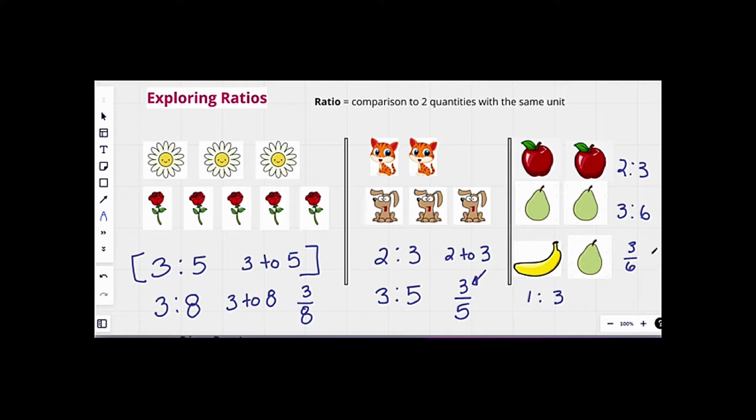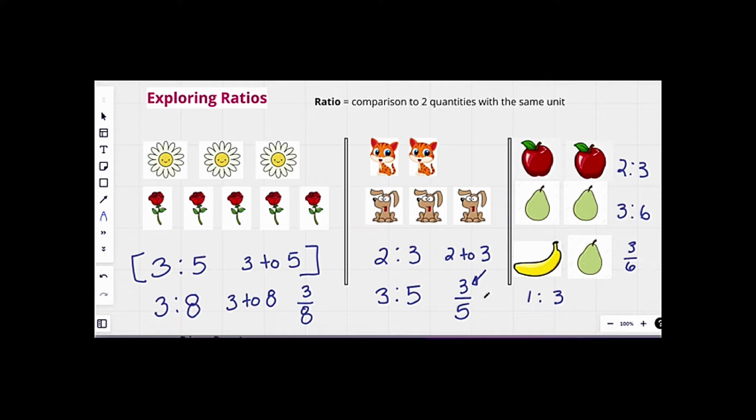Now remember, we only express as a fraction when we're using the part to whole ratio. That is, when we're looking at a part and comparing it to the whole thing. That is the only time we would use a fraction. So in this case, we used the fraction when we looked at pears, so 3 pears, to the total amount of fruits right here. So this is what we got, the 6.